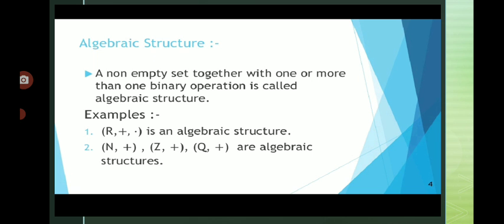An algebraic structure is a non-empty set containing one or more binary operations. For example, the real number set with addition and multiplication as binary operations, so (R, +, ·) is an algebraic structure.